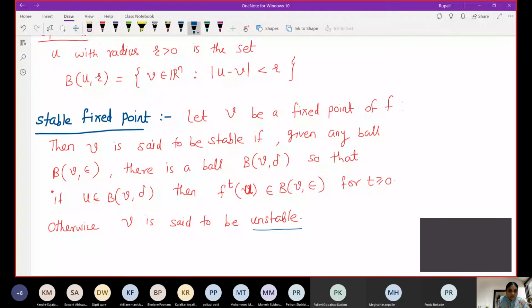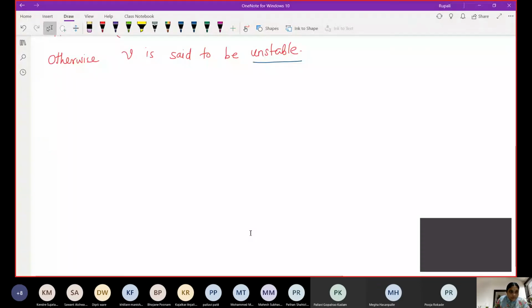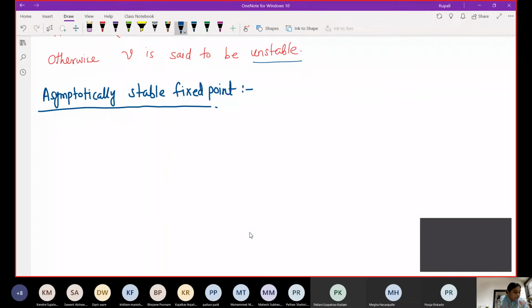Another definition: asymptotically stable fixed point. What is meant by an asymptotically stable fixed point?